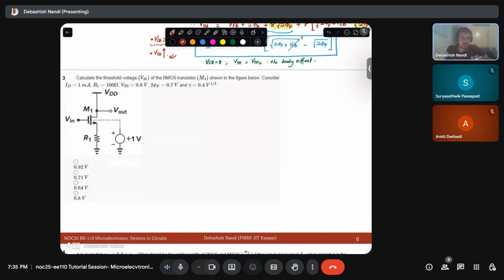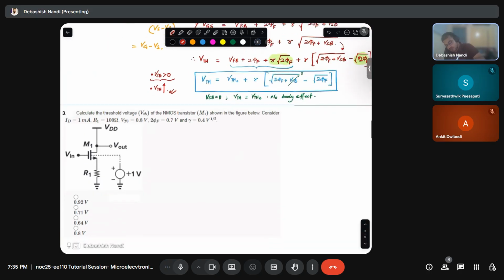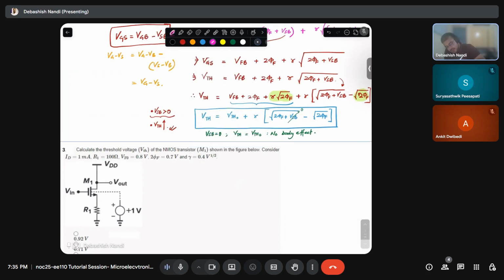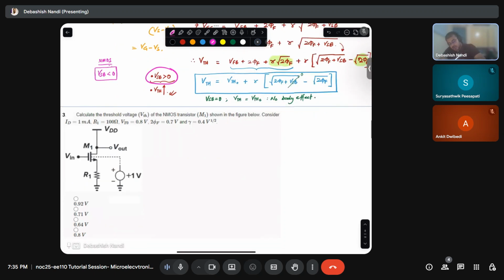If that is fine, now this question is very tricky. So far what I have discussed is VSB greater than 0. What about VSB less than 0? I have not discussed that for an NMOS. We'll see what is the issue there. Now can you tell me how do I solve it?